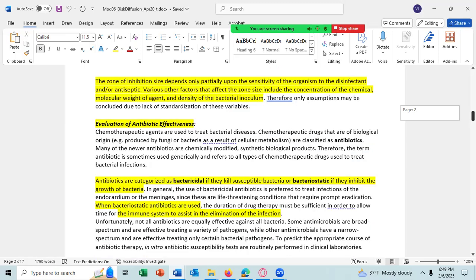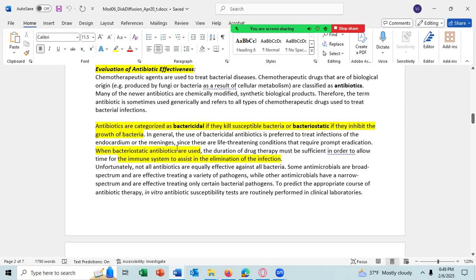All right. Let's talk about evaluation of antibiotic effectiveness. Antibiotics can be categorized as bactericidal if they kill susceptible bacteria, or they can be classified as bacteriostatic if they only inhibit the growth of bacteria.